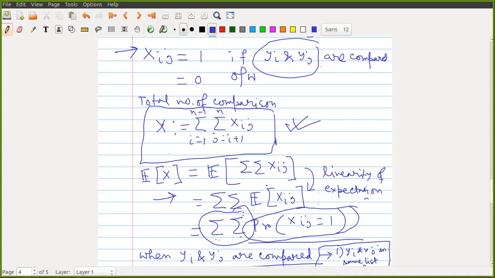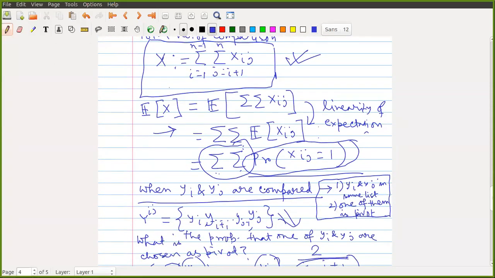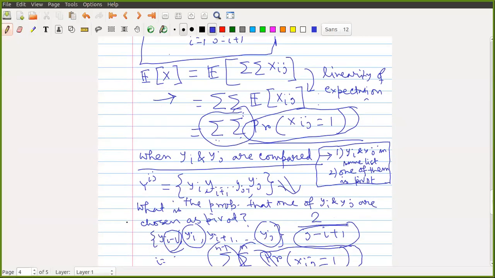How are you calculating the probability that xij equals 1? Yeah, explain. So xij is 1 when yi and yj are compared. Let us define a list, yij, with the elements yi till yj, right? In this sublist, yi and yj will be compared only when either of them is chosen as pivot.